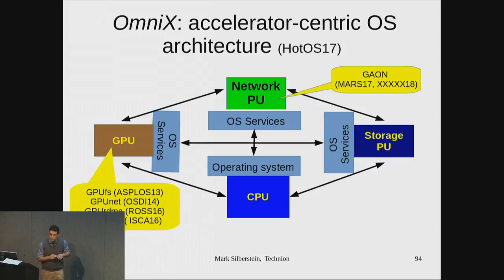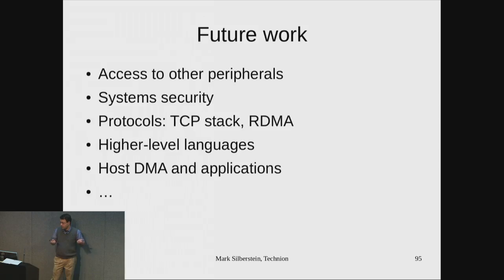Basically, the idea is to build a coherent architecture that would allow something like a unikernel, with different library OSs running on each one of those devices and providing a coherent view of the state of the system without necessarily having the CPU involved in all that. So this is the bigger picture. This is where we're heading. And with that, you can easily derive the future work that we have.